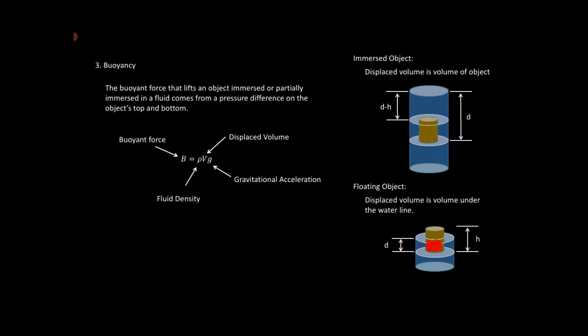Another way to look at that was, remember that the pressure was the atmospheric pressure plus the gauge pressure. So the pressure right here at the top is just the atmospheric pressure.